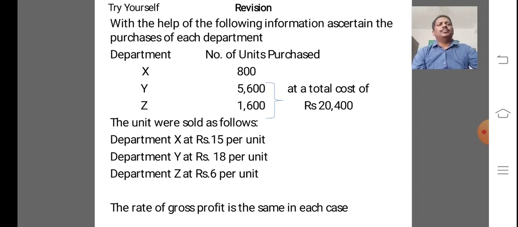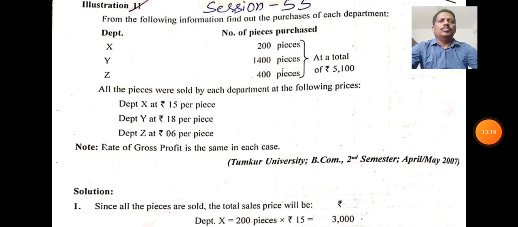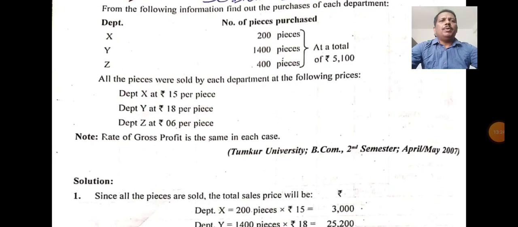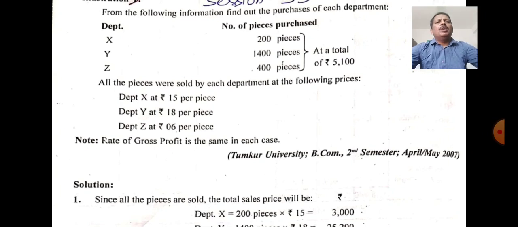So next, I am taking one problem from the following information. Find out the purchases of each department. The departments are X, Y, Z. Number of pieces purchased: department X is 200 pieces, Y is 1,400 pieces and Z is 400 pieces, at a total cost of rupees 5,100.